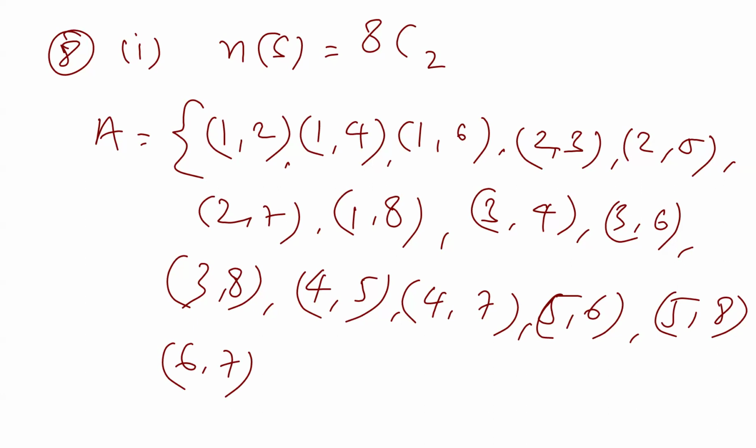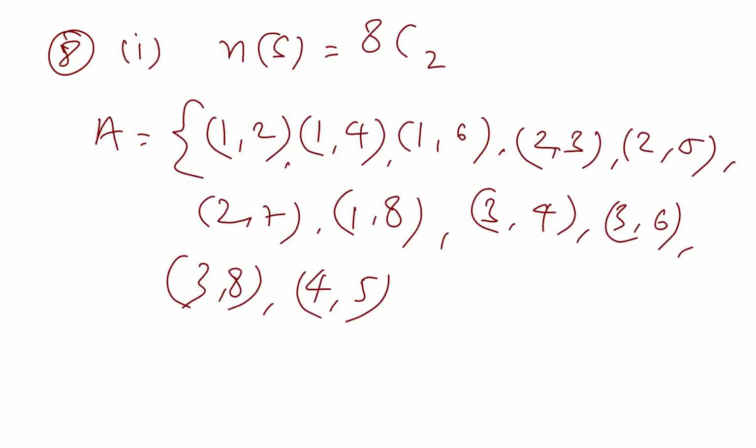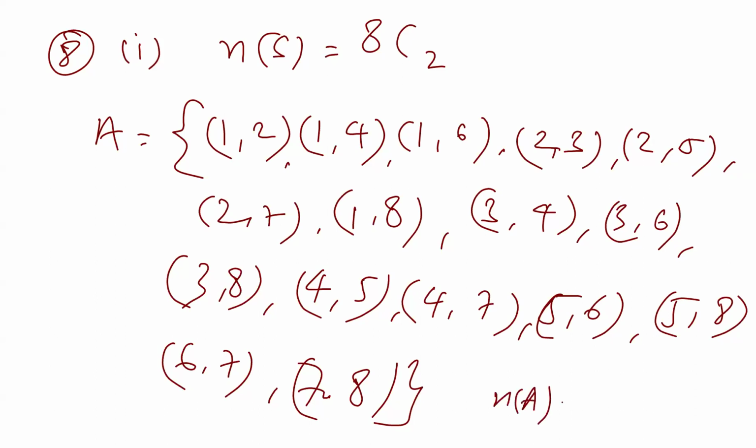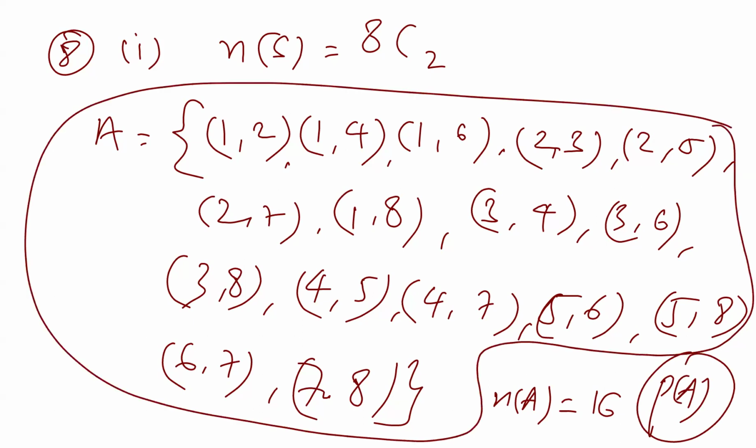Okay, then 7 along with 8. So these are the possible events where the total is odd. So this is N of A, sorry, which is 16, and P of A, naturally, is N of A upon N of S. Okay, so count the total number of events very clearly. Take your own time, don't be in a hurry to finish it off.